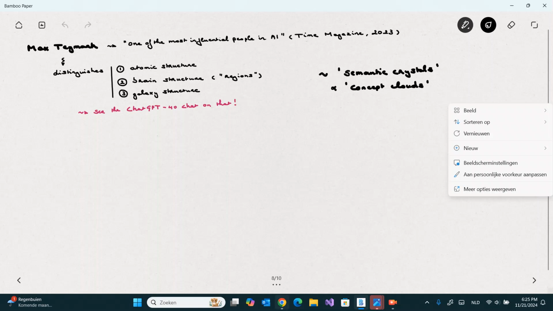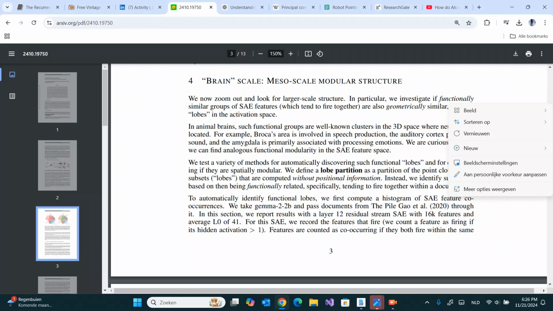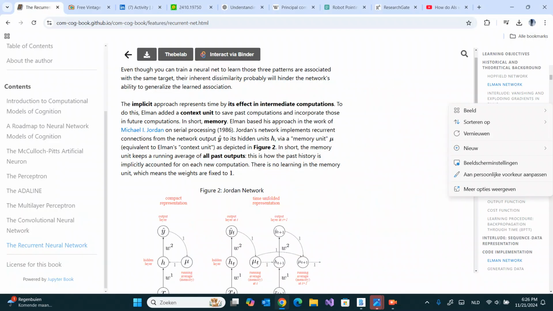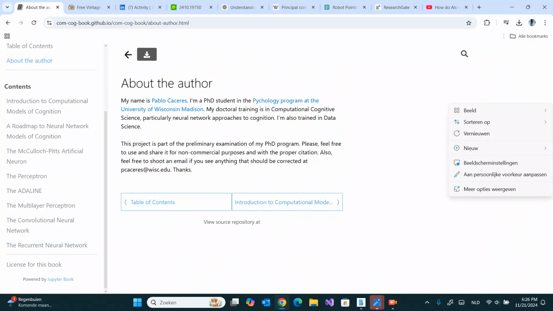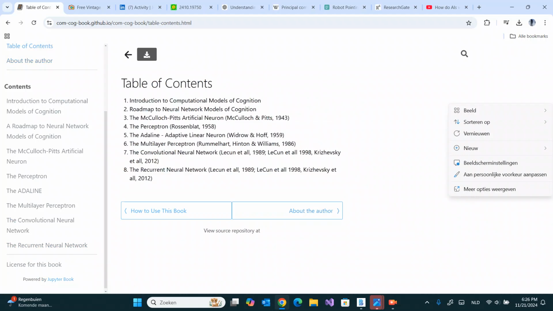bridging the gap between this here, I'll pull up another resource. This is a very nice thesis by a psychology student, actually, Pablo Caceres, where he digs into the history, which is quite long, of artificial intelligence, the first development of the first artificial neuron, basically for pattern recognition, the McCulloch-Pitts artificial neuron.